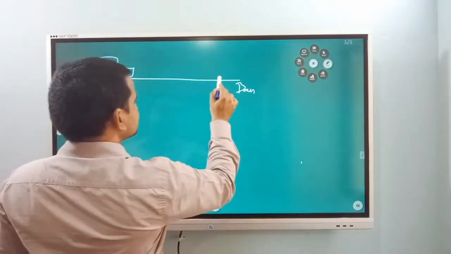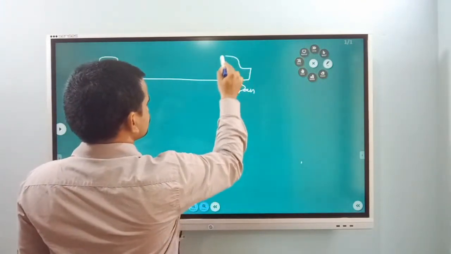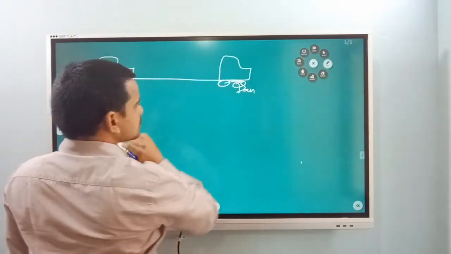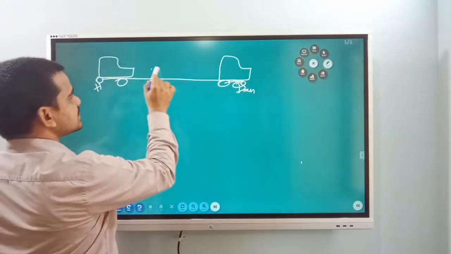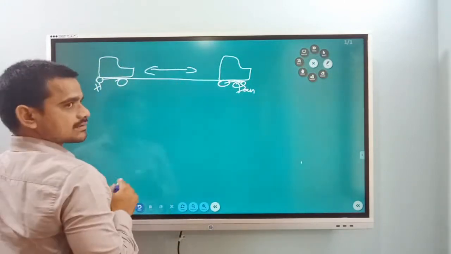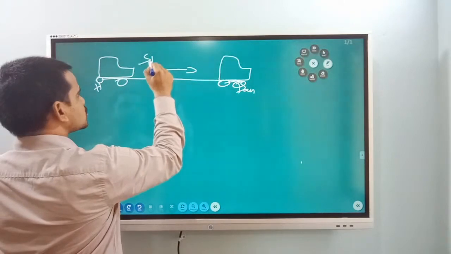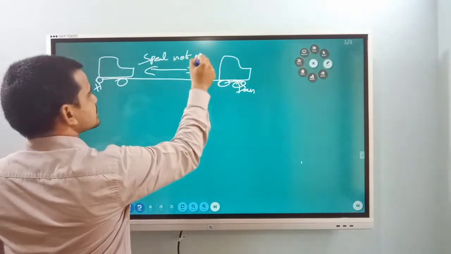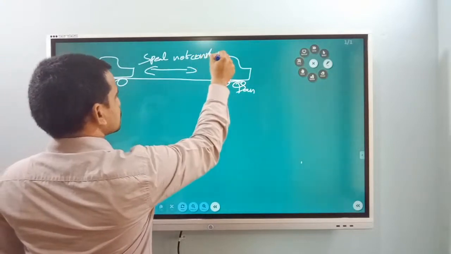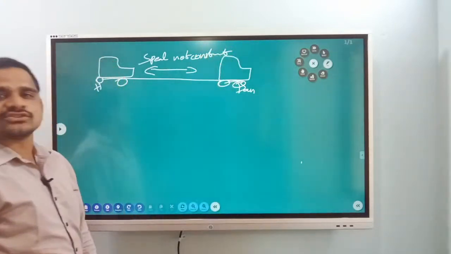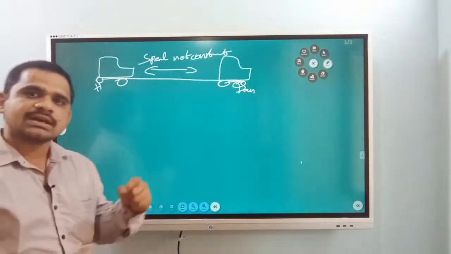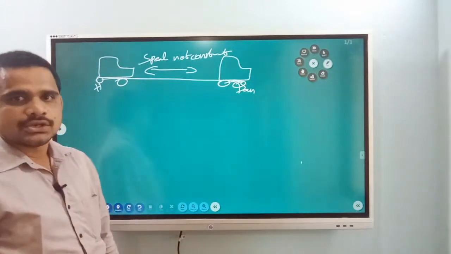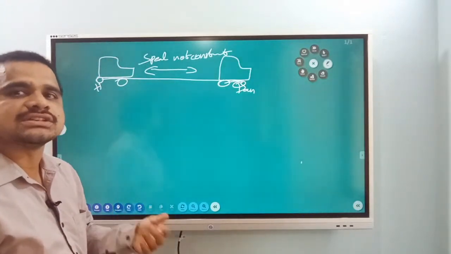Throughout this journey, your speed is not constant. Your velocity is not constant at all. Your velocity is continuously changing.